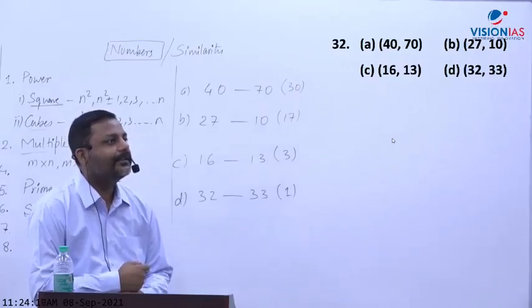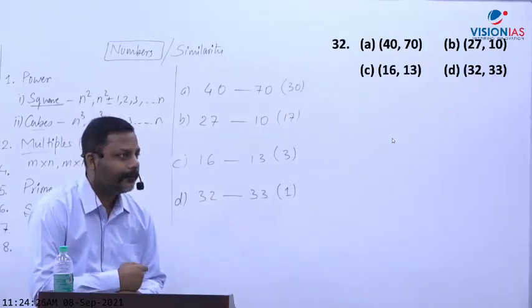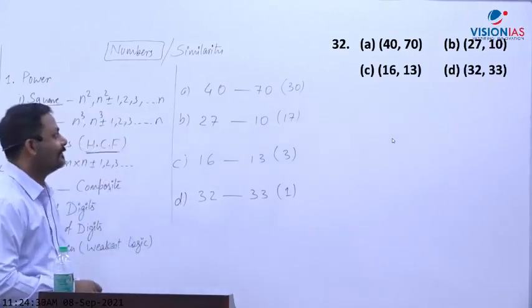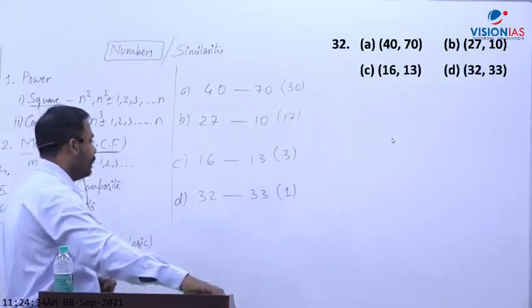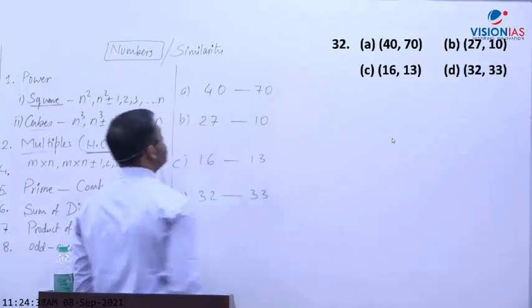Suraj, the sum of all the digits in A is 11. B has 10. As the difference is an even number. Okay. Even and odd is the weakest logic. Even and odd is the weakest logic. Okay.